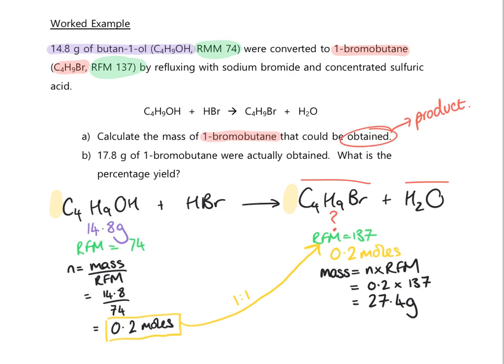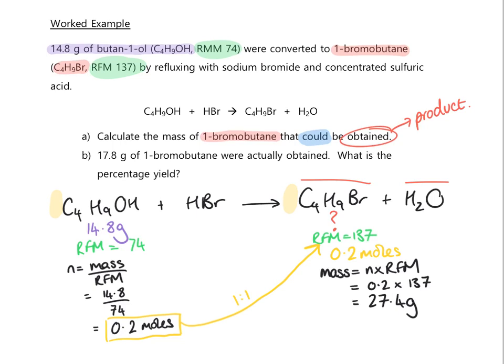Okay, remember to put your units at the end. Now let's think for a second, what is that mass value? Well, again, look at the question and that gives you a clue as well. Part A says, calculate the mass of 1-bromobutane that could be obtained. I'm going to highlight that word could in blue for a second.